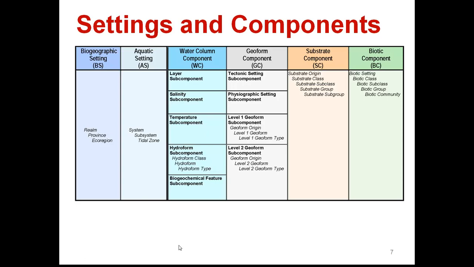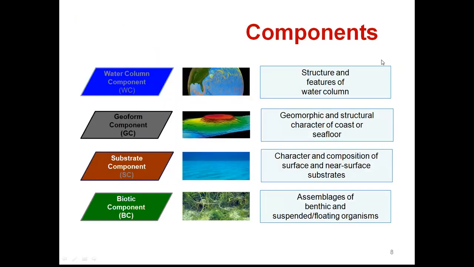So moving along, we now have a whole heap of finer scale features that we need to consider. So these are the water column component. So these are structures and features of the water column, so things like temperature, salinity, concentration of nutrients and biogeochemical processes. We then have the geoform component, and this is to do with the topography of the bottom.